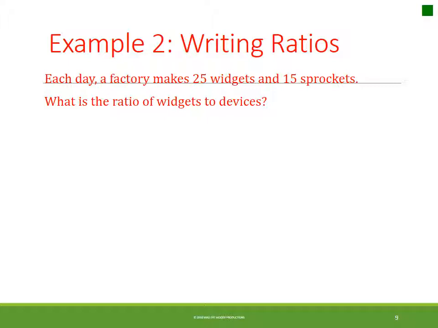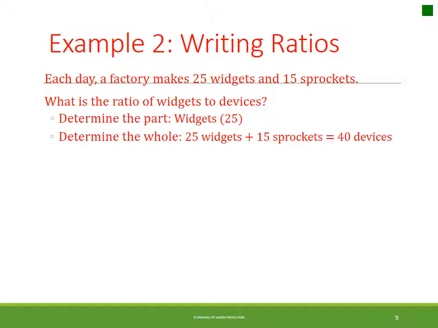So the first thing I want to do is determine the part, and then determine the whole. So there are 25 widgets made each day. That's my part. The whole is the sum of the parts. So there's 25 widgets and 15 sprockets, and the sum of 25 and 15 is 40.